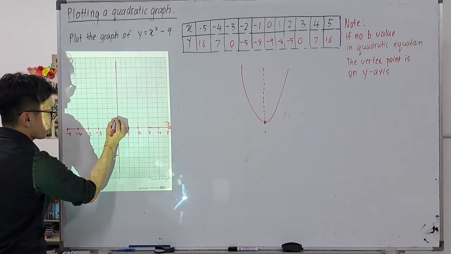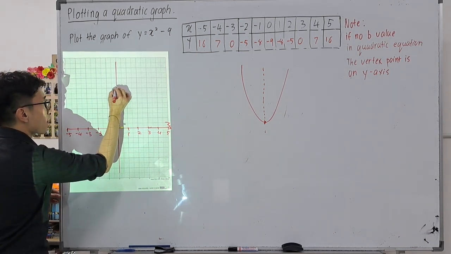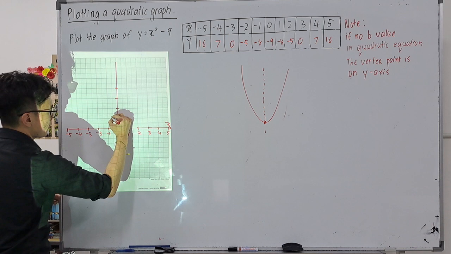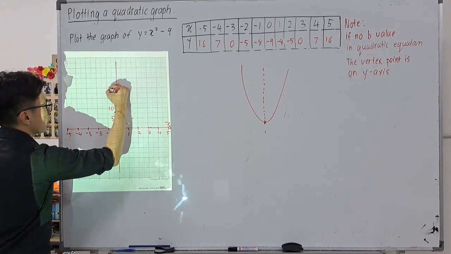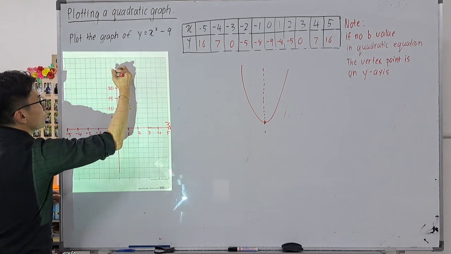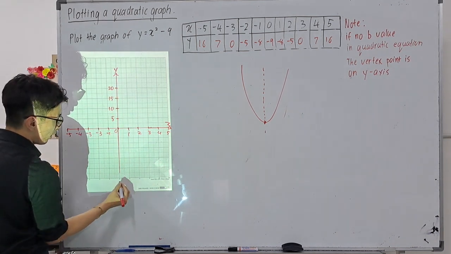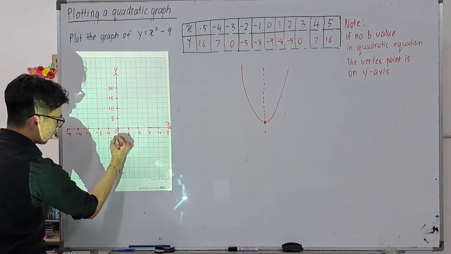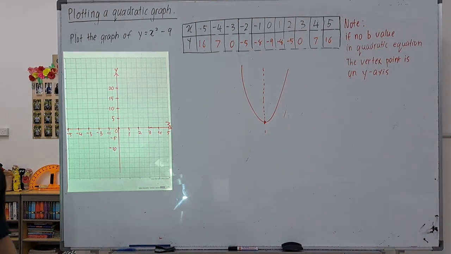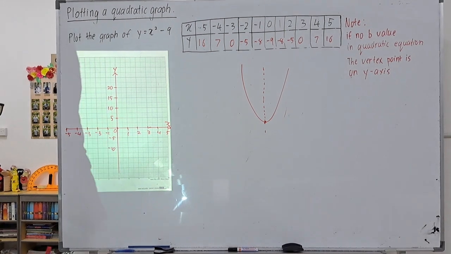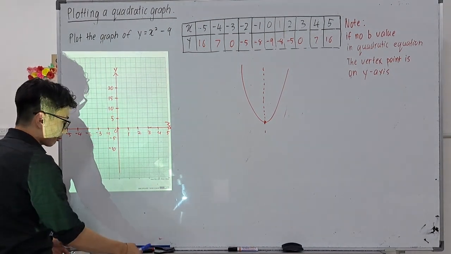Okay, for my y-axis, this is going to be 5, 10, 15, 20. So that's my y-axis over here. And for the bottom part, -5, -10. Okay, that's enough. Right now I can plot my points already. This looks good.